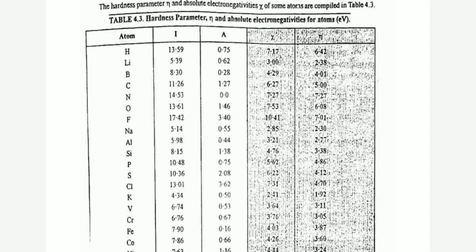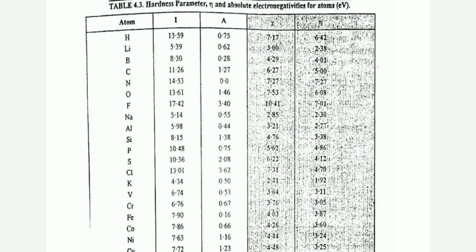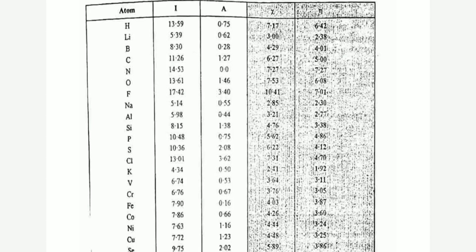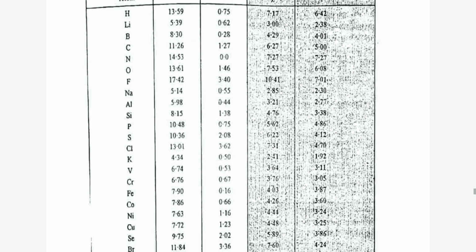Lithium, I is equal to 5.39, A is equal to 0.62, psi is equal to 3.00, eta is equal to 2.38. Boron, I is equal to 8.30, A is equal to 0.28, psi is equal to 4.29, eta is equal to 4.09, and so on.